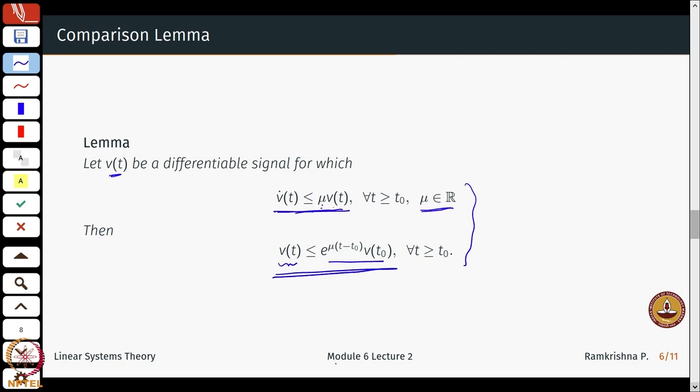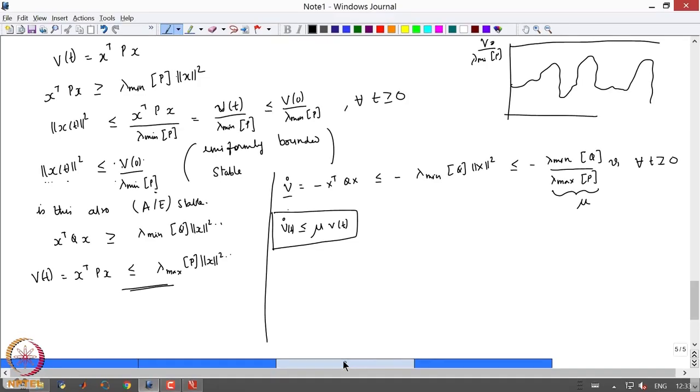Okay. So, let us exploit that and write down. With applying the comparison lemma now, what can I say about V?